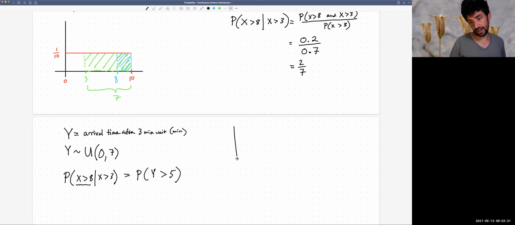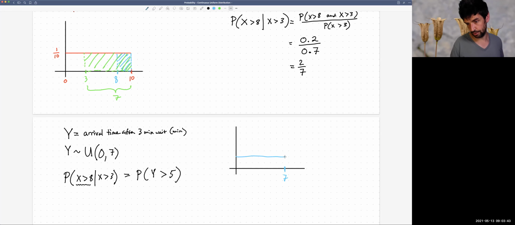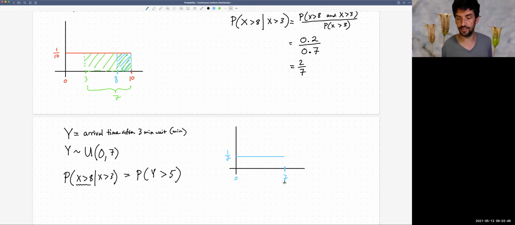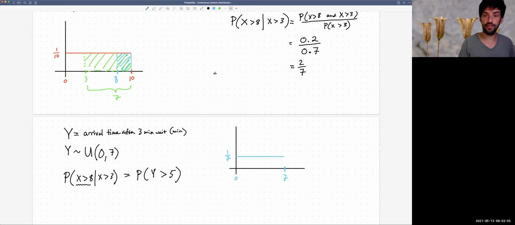Okay, our graph is going to look very similar. Right, so now it just goes out to 7. There's our horizontal line. The height is now going to be 1/7, right? Because we're going from 0 out to 7. The total area has to be 1, so we can figure out that the height must be 1/7.